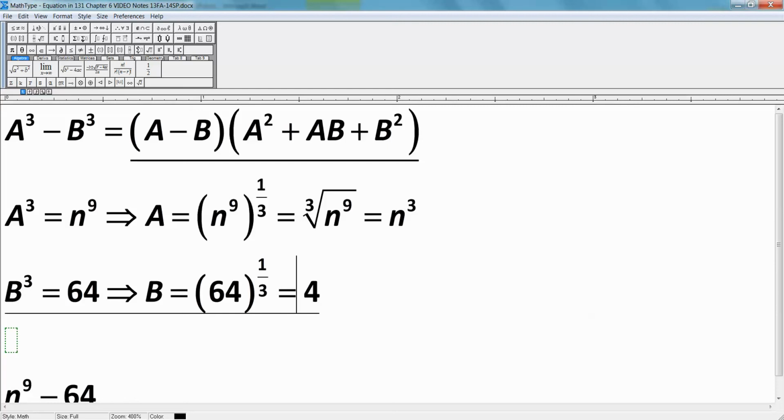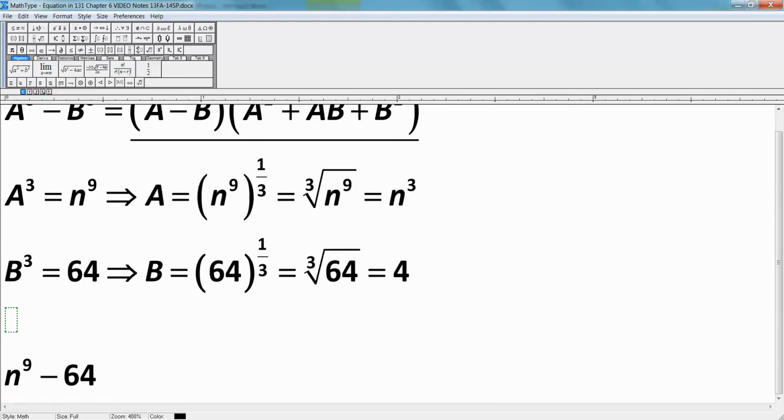Right? Oh, I suppose if you're a person who likes roots, that's fine. It's the cube root of 64. We're going to deal more with roots in chapter 9, but if you're a person that deals with roots better than the fractional powers, they're one and the same, so whichever way you want to write it. Okay, so then we have our parts for our formula.